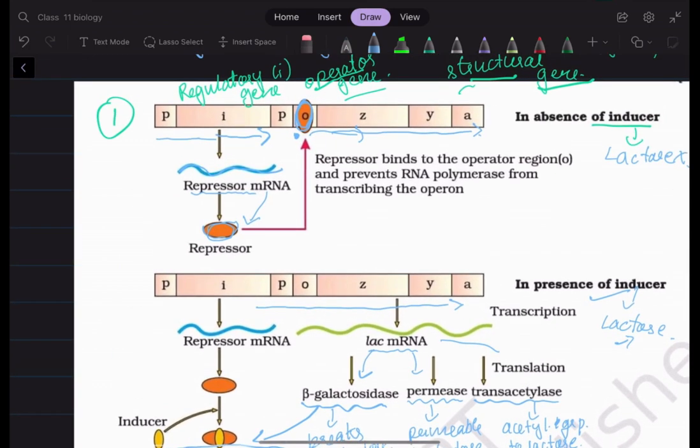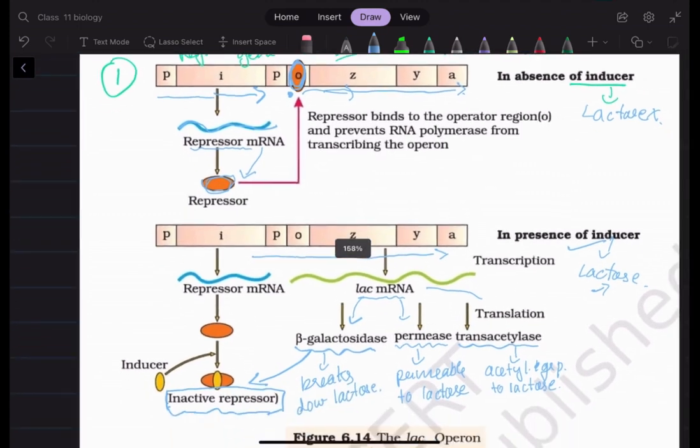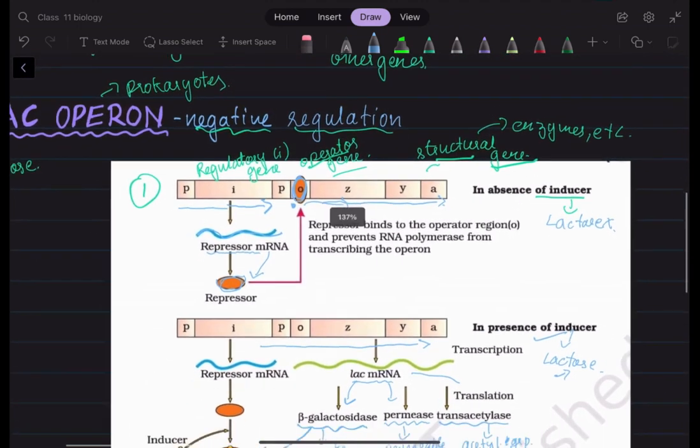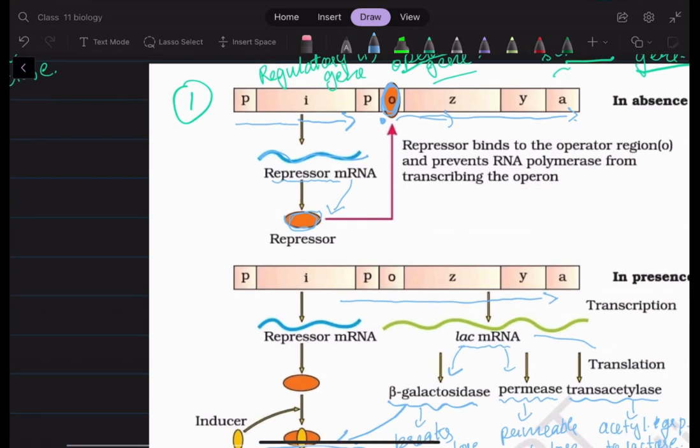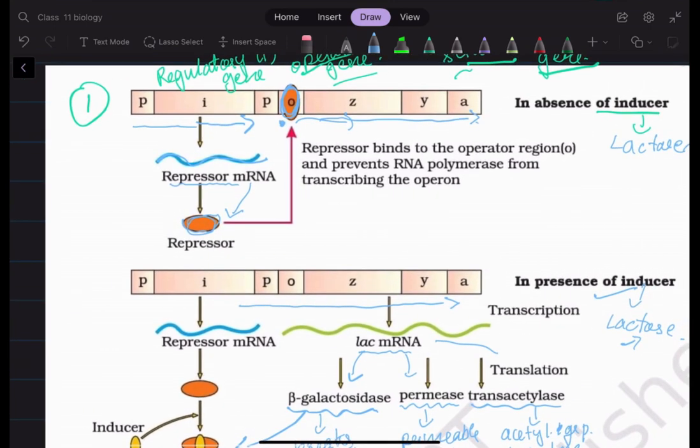So this is a kind of negative regulation going on here, because this repressor, whenever the inducer is absent, goes and binds to the operator so that the DNA cannot further be transcribed.